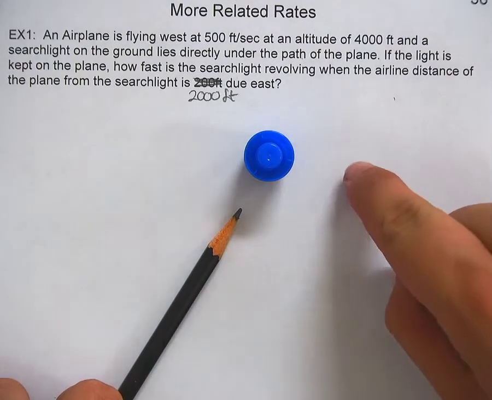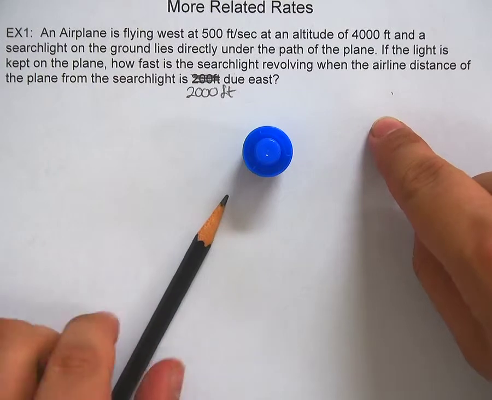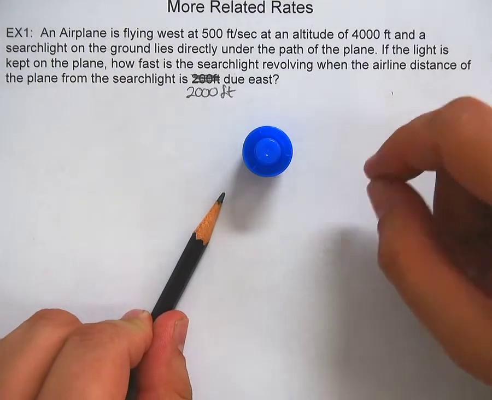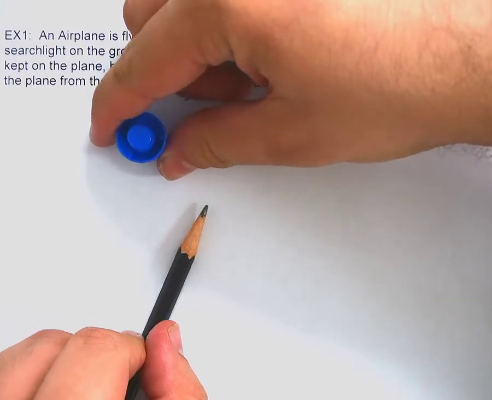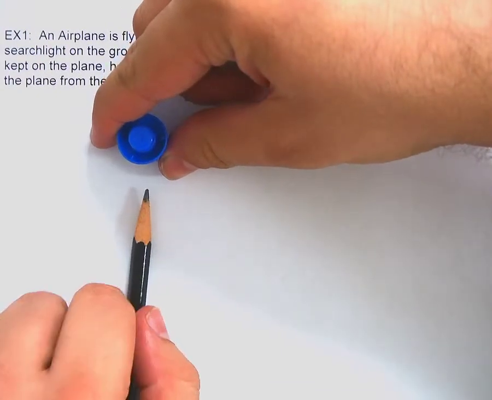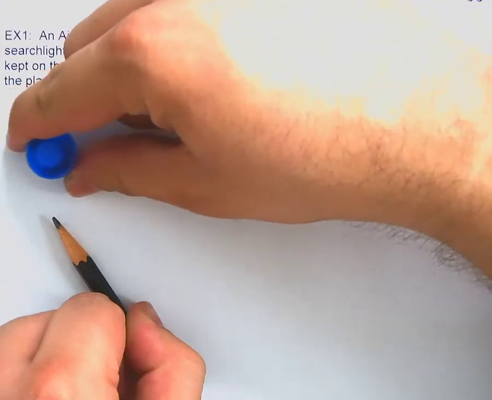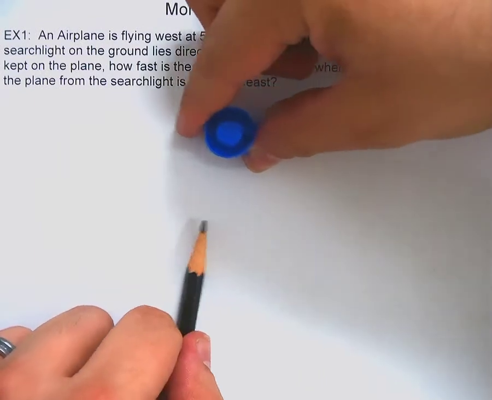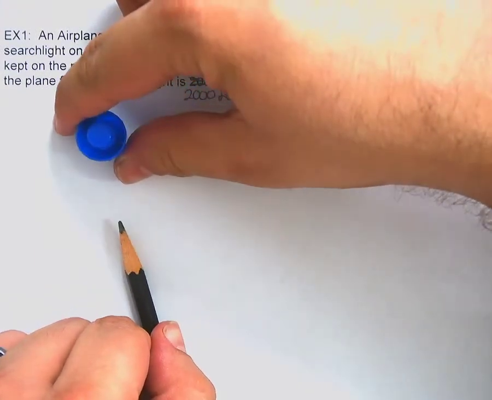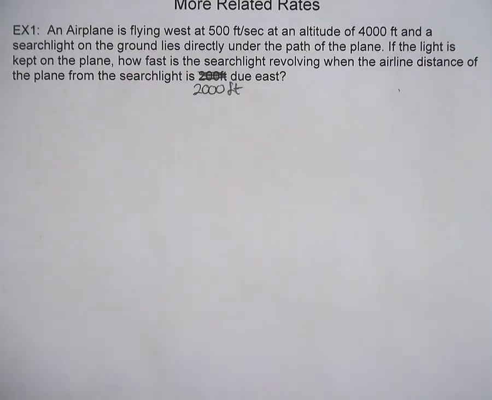It's asking how fast is the searchlight revolving. So again, imagine here's my little searchlight, and as the plane flies over this way, my searchlight's going to go pew. It's going to revolve, right? It's going to turn, and it's going to follow my plane. Now I'm moving west, so I'm going to start here and go like this, right? And it wants to know how fast is that searchlight revolving.